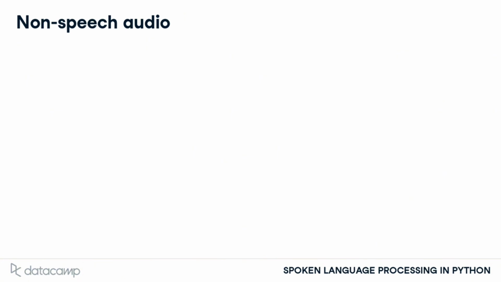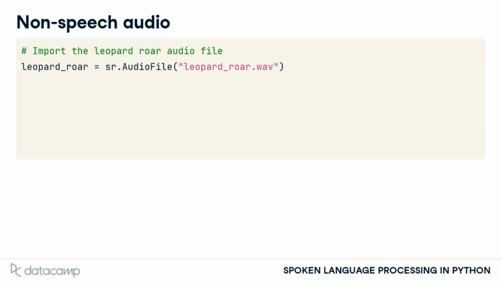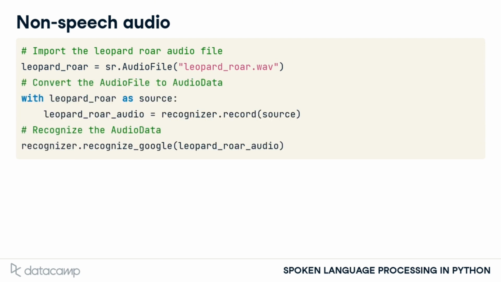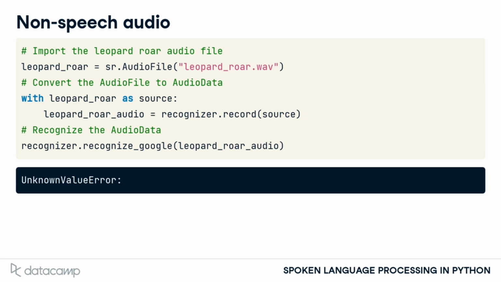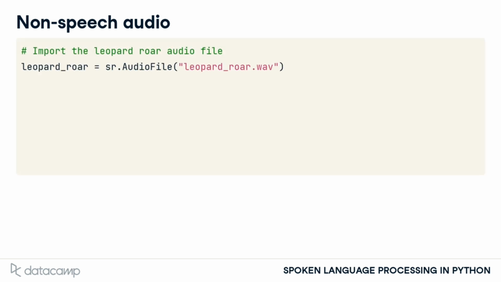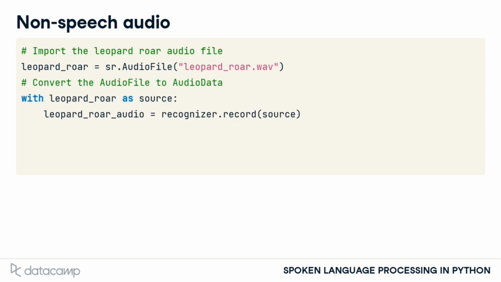We've seen the language tag in previous lessons, but what happens with non-speech audio? If we pass speech recognition an audio file of a leopard roaring, it will return an UnknownValueError because no speech was detected. Which also makes sense because a leopard roar, although very cool, isn't human speech. We can prevent errors by using the show_all parameter.